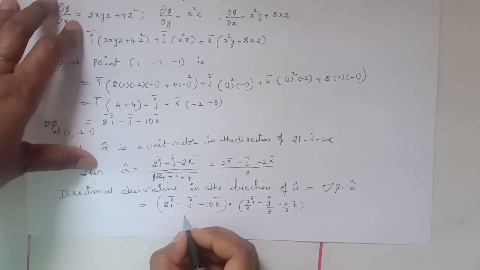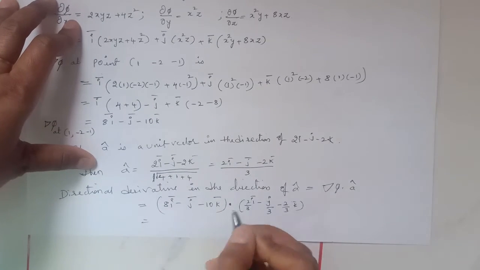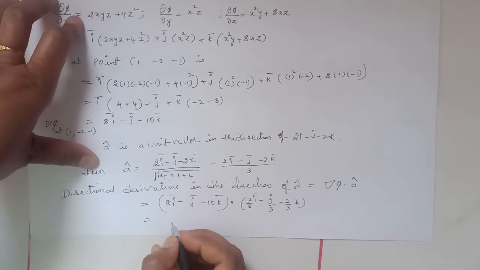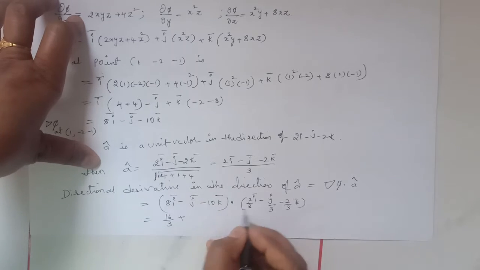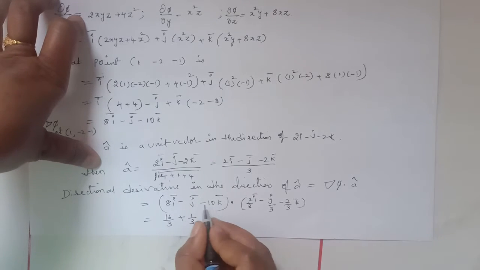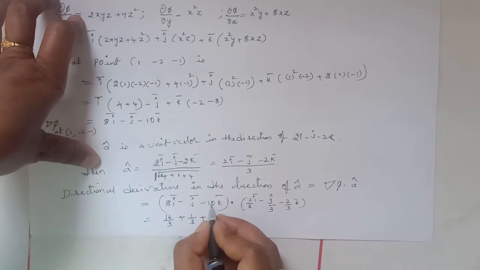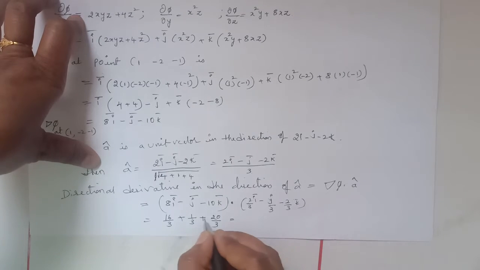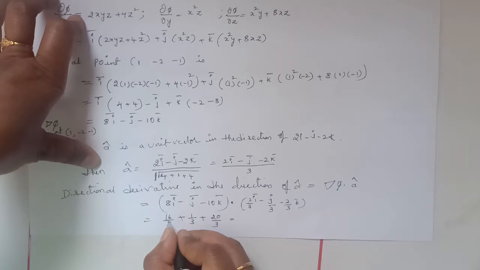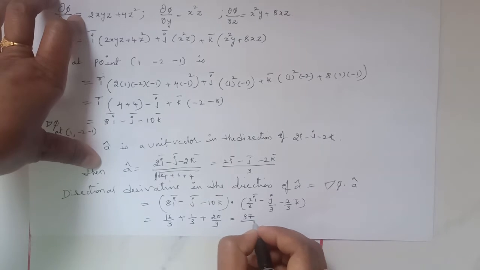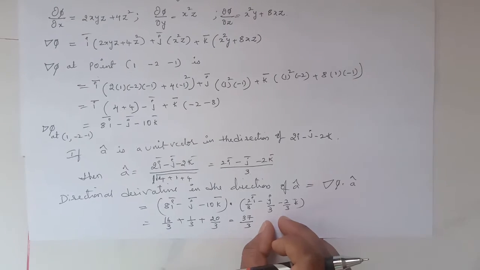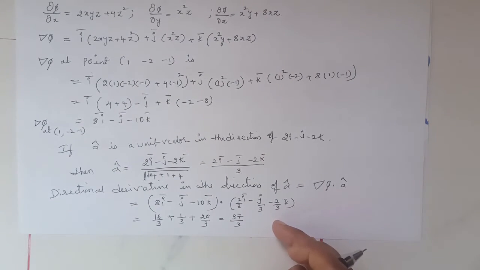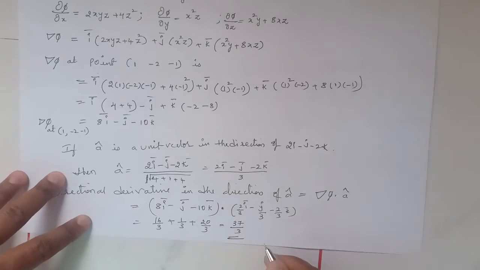Now find the dot product of these two. 8 into 2 by 3 is 16 by 3, minus of minus plus 1 into 1 by 3 is 1 by 3, minus of minus plus 10 into 2 by 3 is 20 by 3. This is equal to 20 plus 16, 36, plus 1, 37 by 3. Therefore the directional derivative in the direction of a cap is 37 by 3. This is the answer.